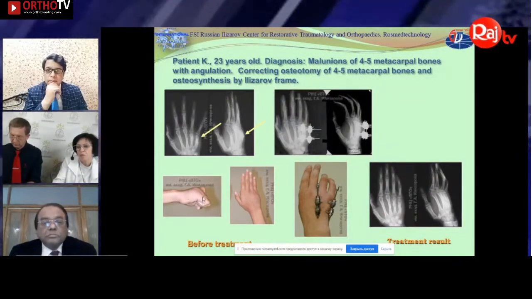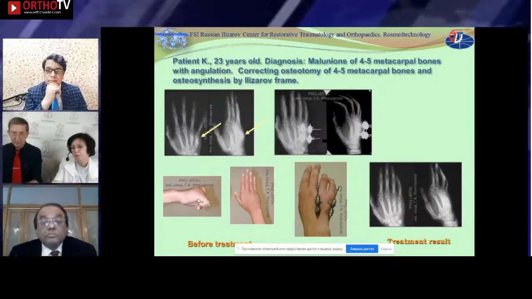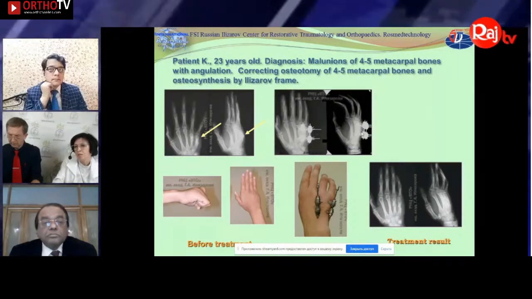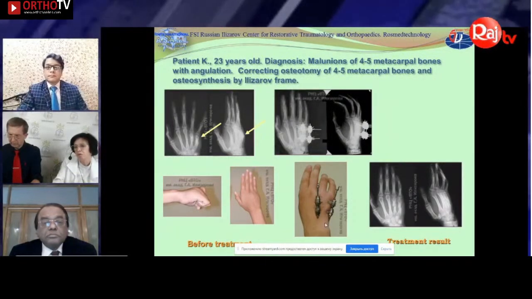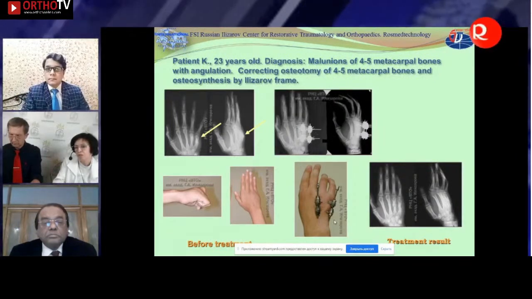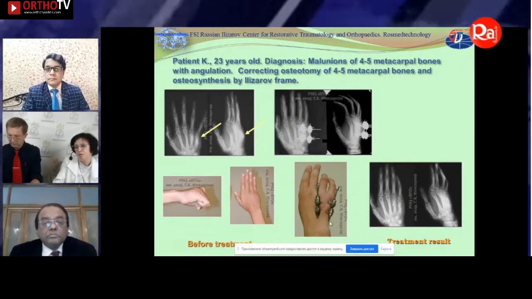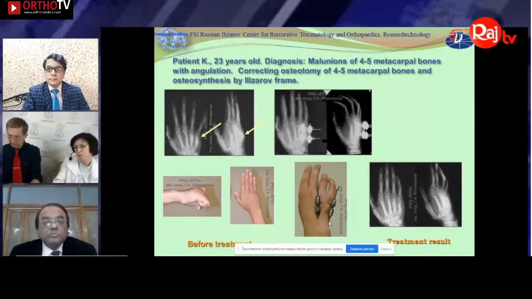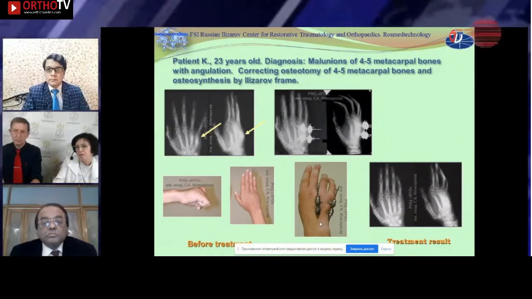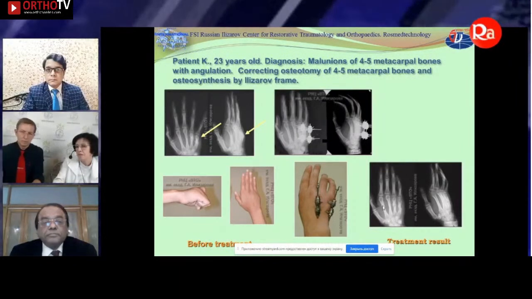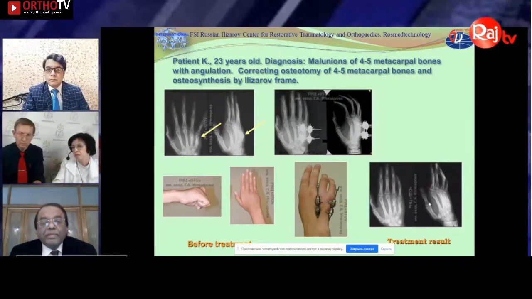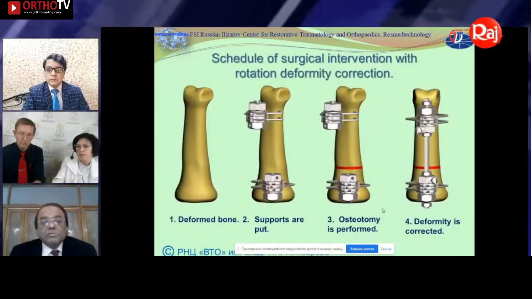We can see deformity of these problem bones, and we made operation. Application of Ilizarov frame and osteotomy. Hand after operation. We do not have wound scars, and result after removal of Ilizarov frame.